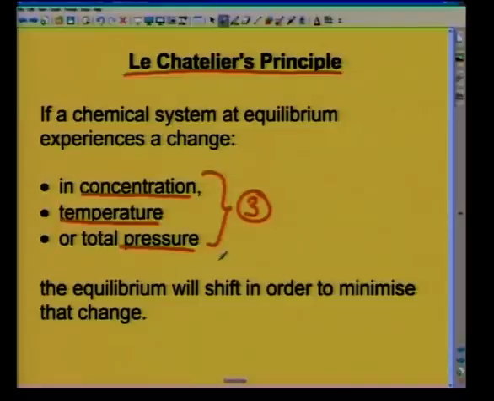What Le Chatelier is saying is that if a chemical system that is in equilibrium experiences a change in any of these, the equilibrium will shift in order to minimize that change. So the change happens and the equilibrium shifts in order to minimize the change.